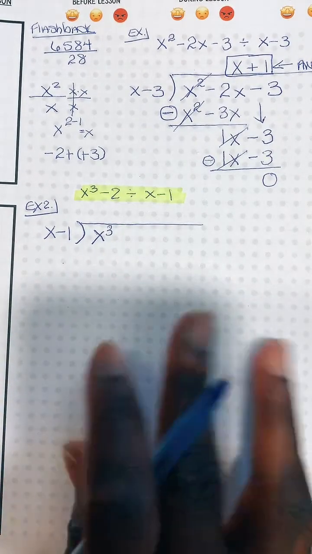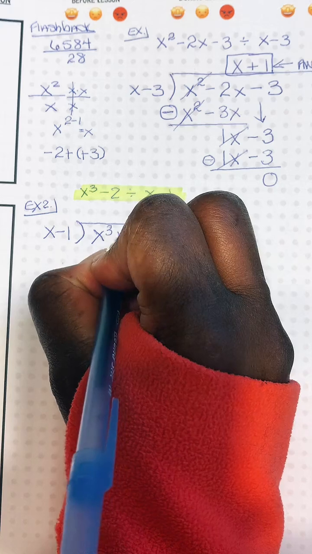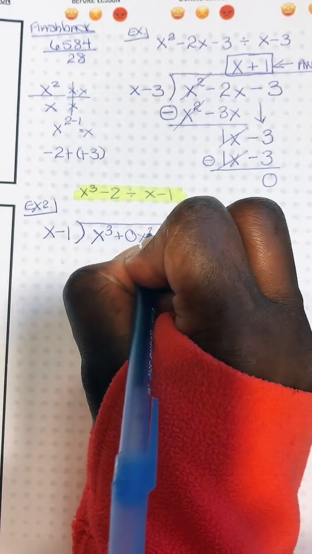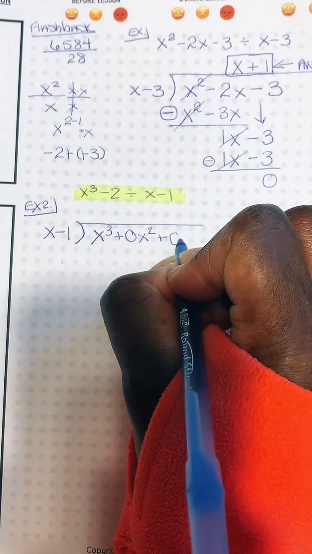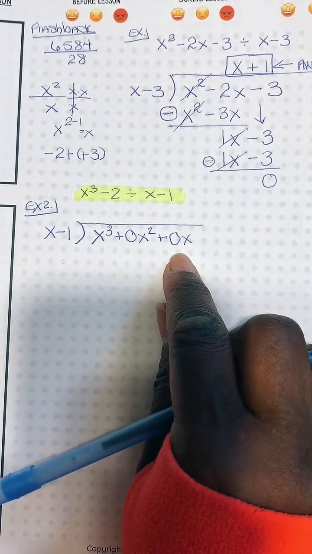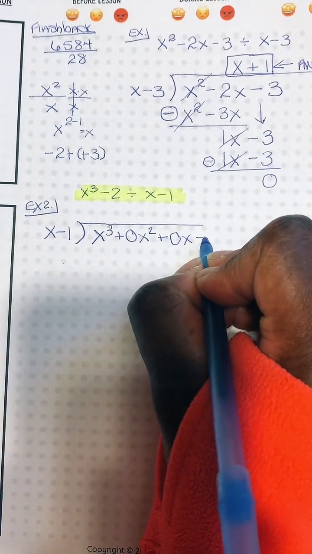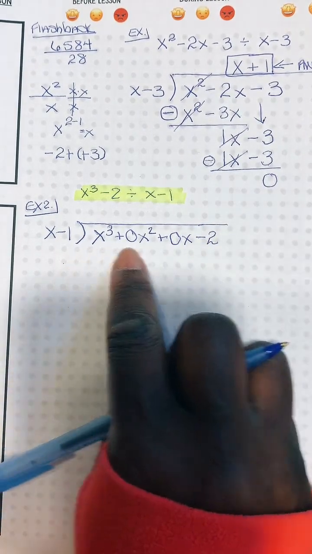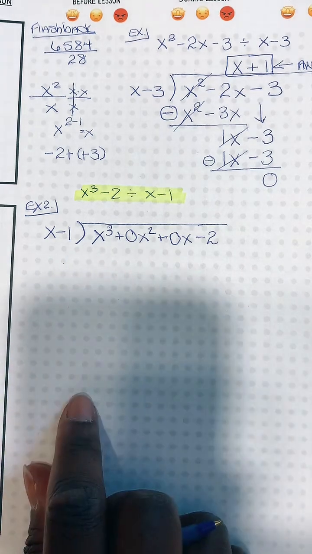All right, and I'm done. No, you have to put placeholders. So right here, I'm going to put 0 x squared because my x squared needs to be represented. 0 x because my x needs to be represented. And then the constant, which is a -2. So all your degrees in descending order have to be represented.